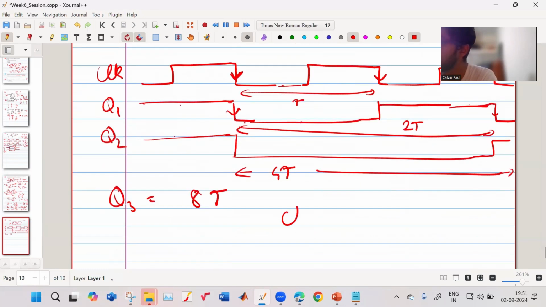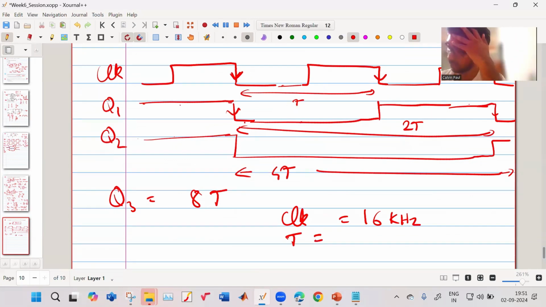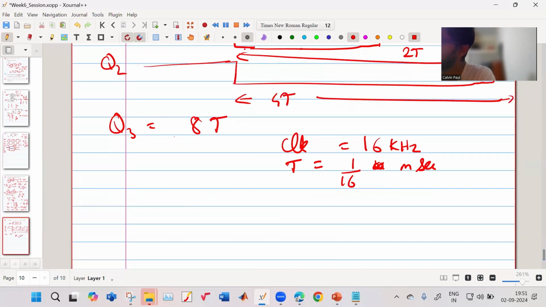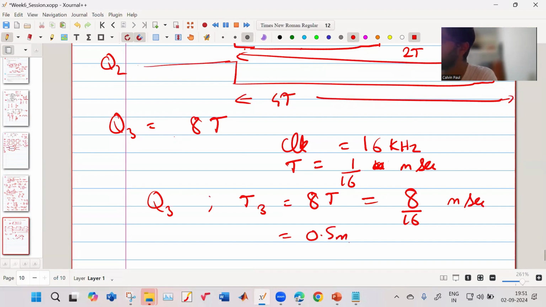Okay. So if your clock had a frequency of 16 kilohertz, what was its time period? It is 1 by 16 kilohertz, so it is 1 by 16 milliseconds. For Q3, its time period is 8 into T, that is equal to 8 upon 16 milliseconds, so it is equal to 0.5 millisecond.